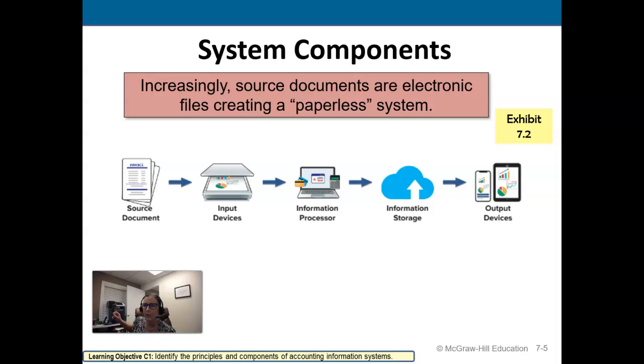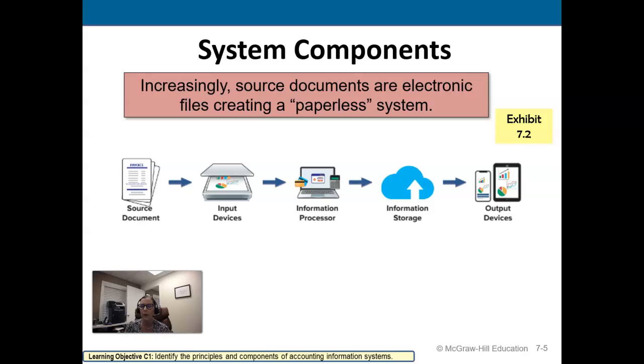There's my input device back there, which is my network scanner. Things go into the system and then into some sort of storage, and I guess the picture of the cloud is their way of saying, well, now largely everything's stored in the cloud.